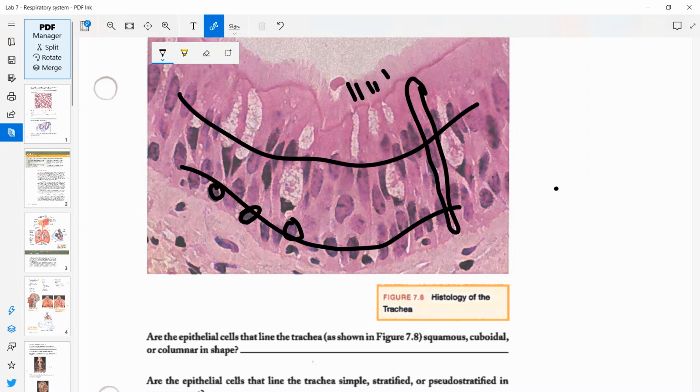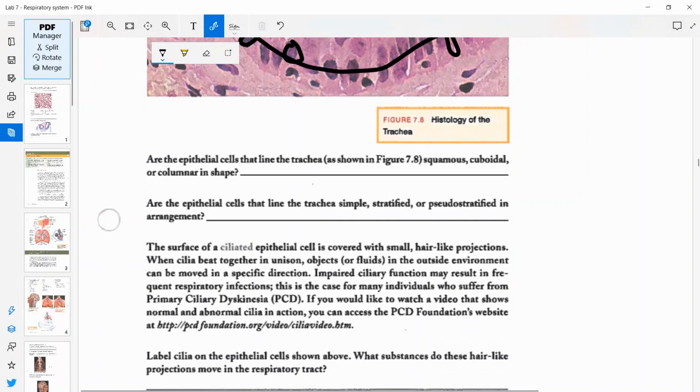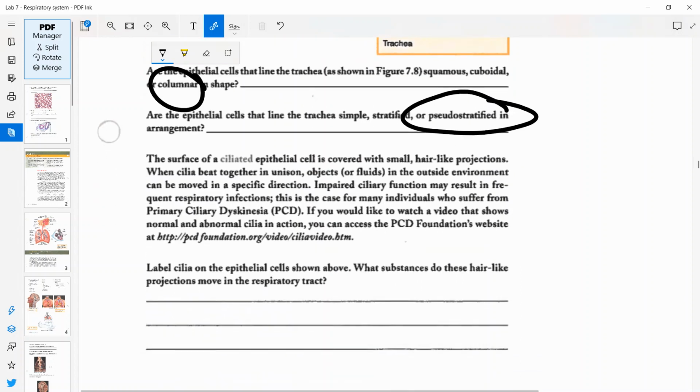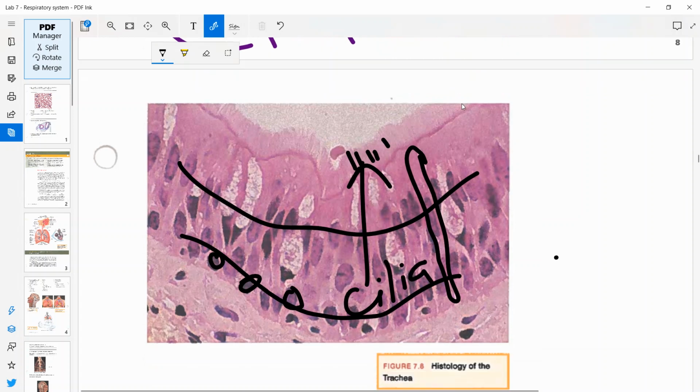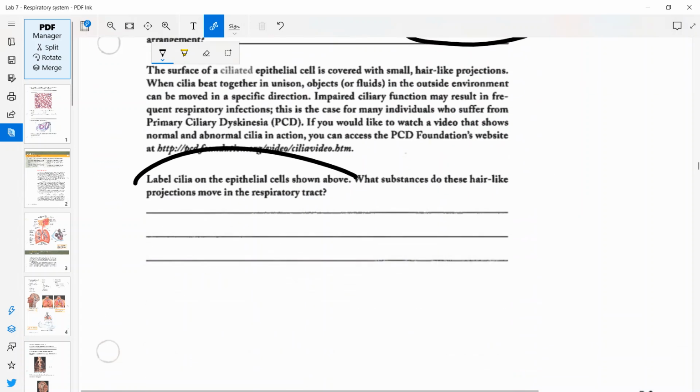Cells still form a single layer, but it looks like it is stratified. So it's not really stratified, but looks like stratified, which means pseudostratified. So columnar, pseudostratified epithelium. The function of the cilia that we labeled is to move the mucus.